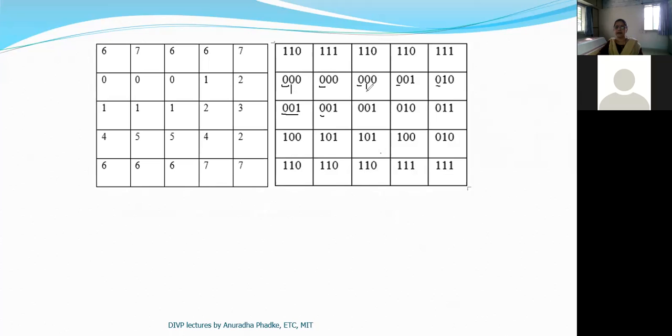This is the central bit for all the pixels. Collect central bits to get the second plane and then collect least significant bits. So these are least significant bits. Collect these least significant values to get the LSB plane. Okay, this is the meaning of bit plane slicing.